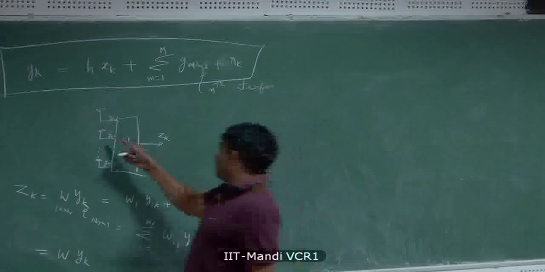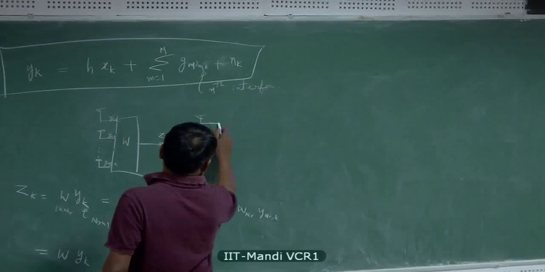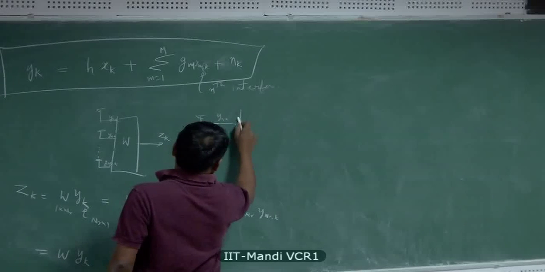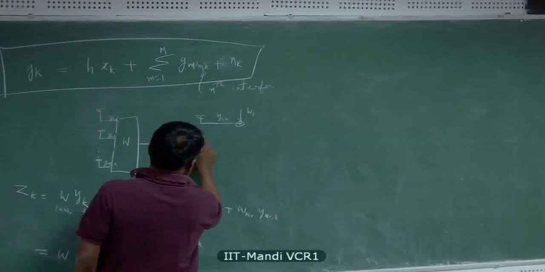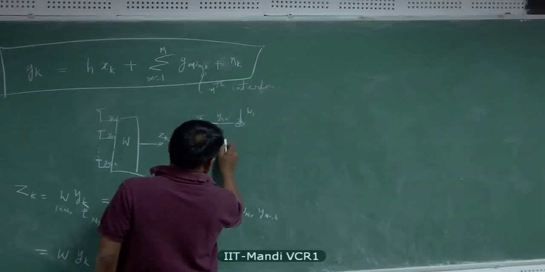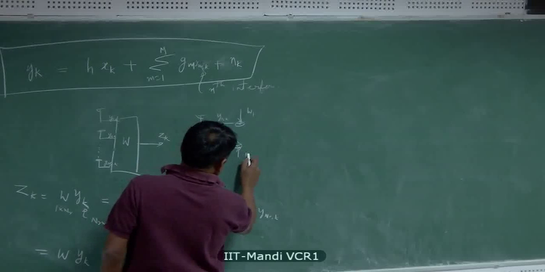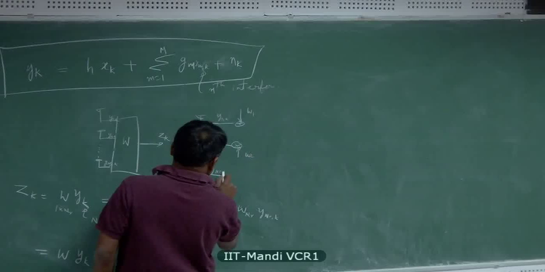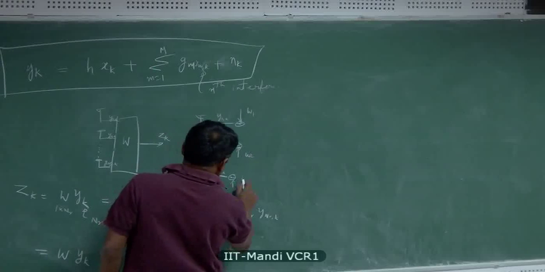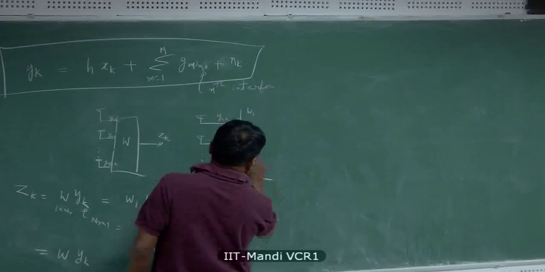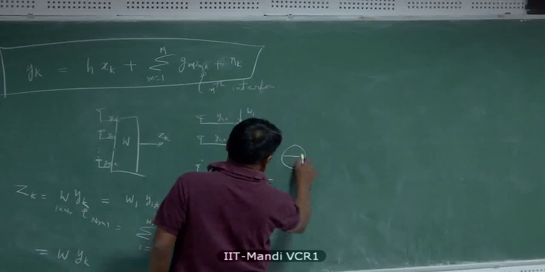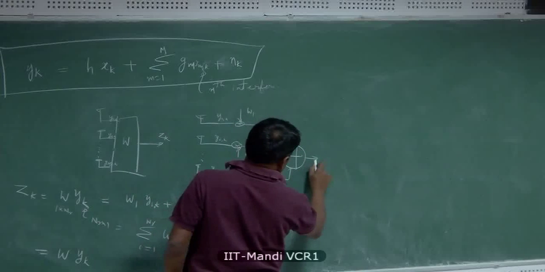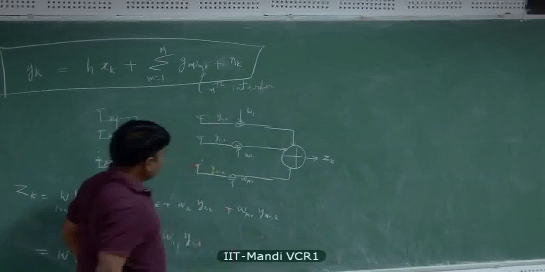If I want to expand this picture, y1k is multiplied with a complex weight w1, y2k with w2, and so on.